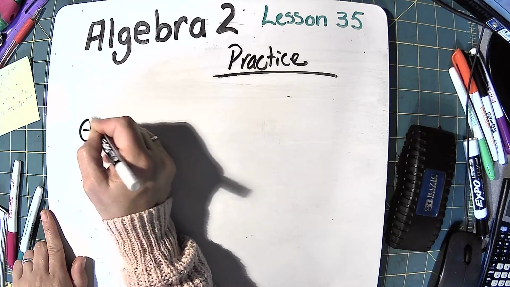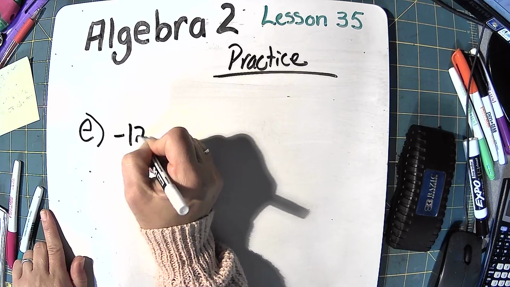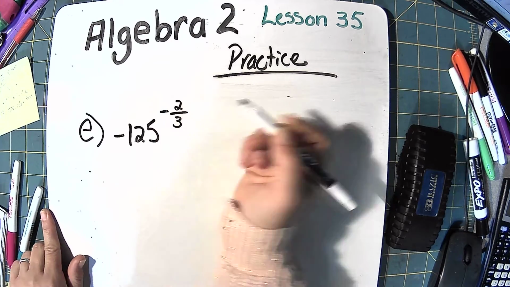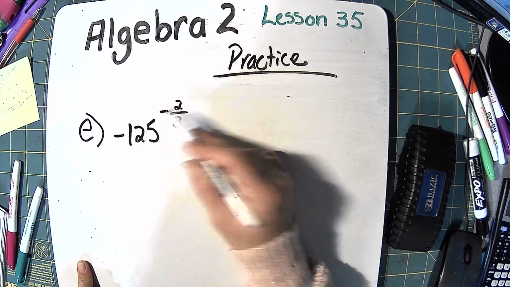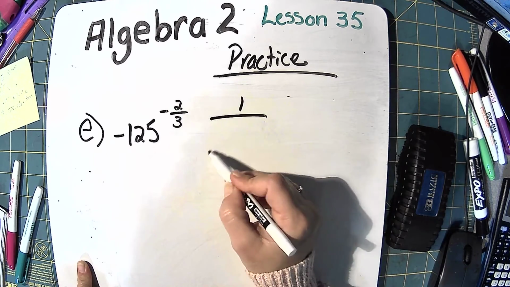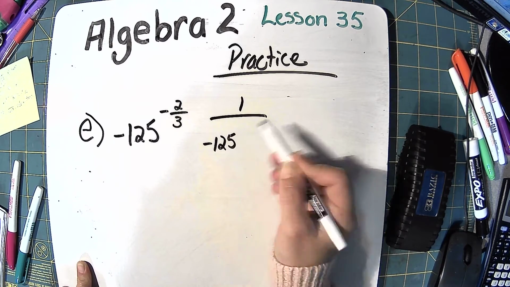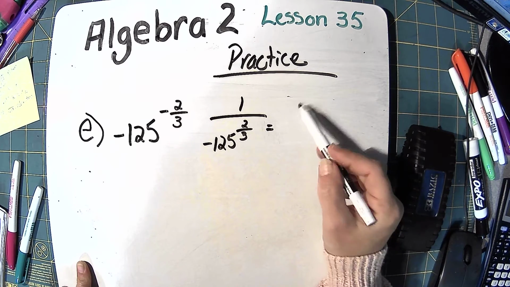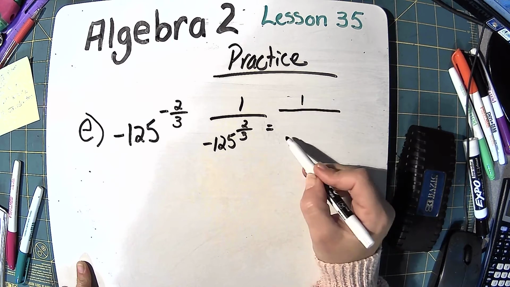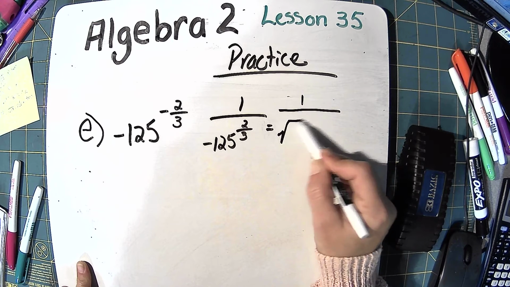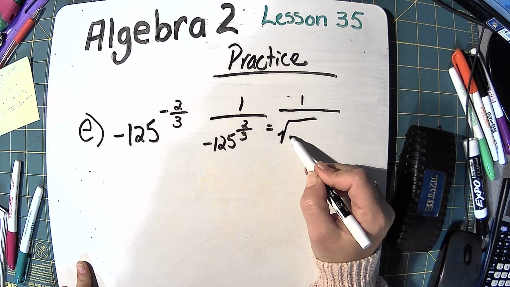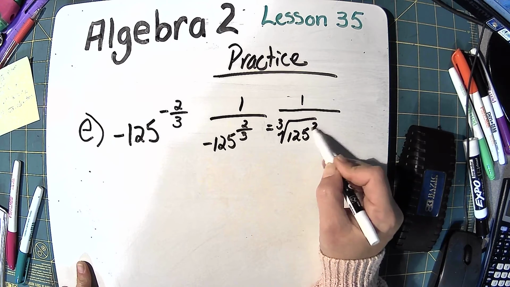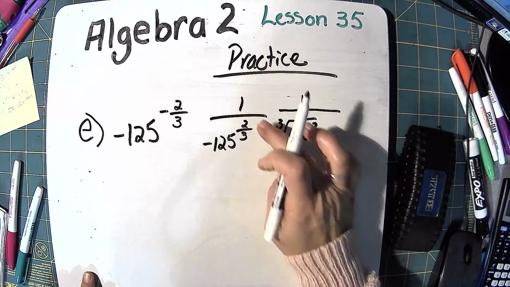All right, and then E, negative 125 to the negative 2 over 3. Okay, so first I got to get rid of the negative in my exponent, so I'm going to put a 1 over that. And I'm going to say negative 125 to the 2 over 3. And I'm going to say it's the square root of the third root of 125 squared. Okay, there's my negative sign.